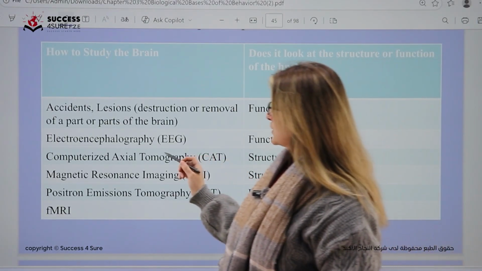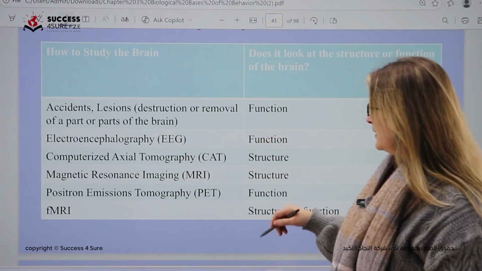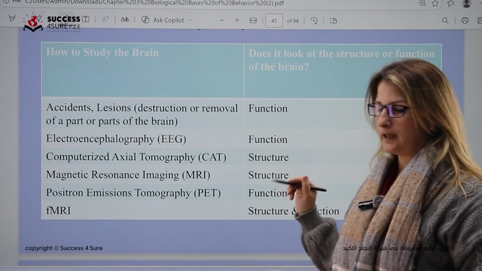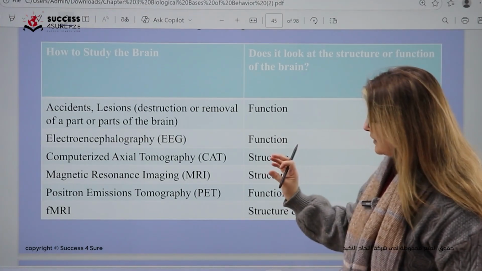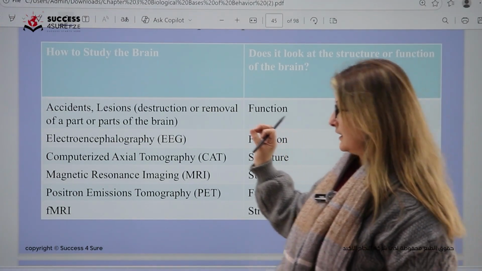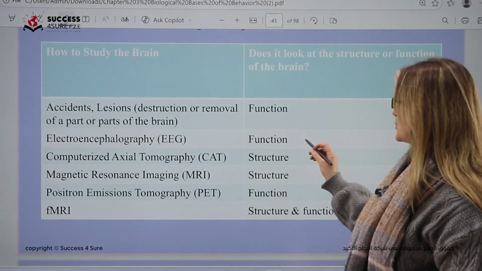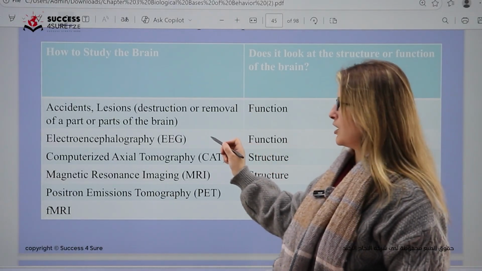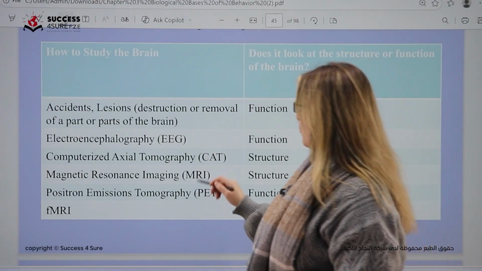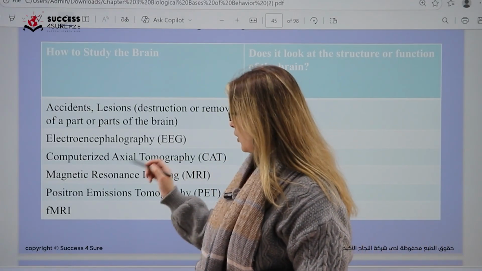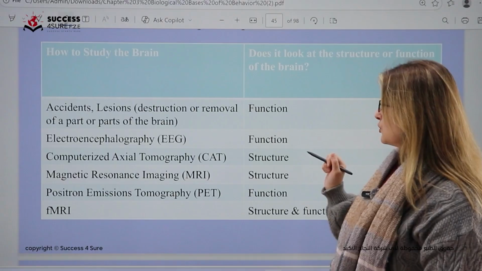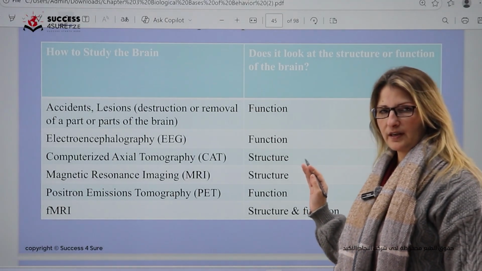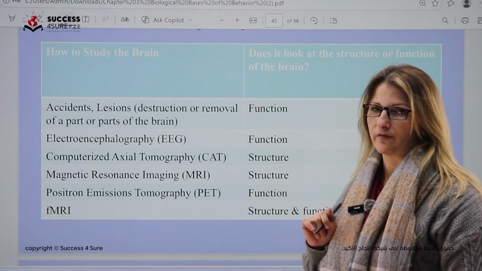The second one is the EEG. EEG is actually a scan for the brain, and we scan the brain electronically in order to study and investigate the function of the brain. This is in regard to EEG. For the CAT, the computerized axial tomography, it investigates the structure of the brain, not the function.